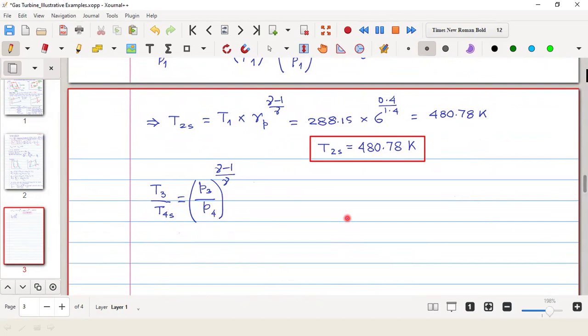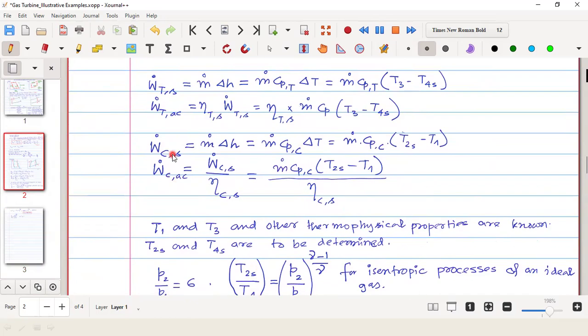And T3 is also known. So what is T4s? T4s is equal to T3 divided by Rp to the power gamma minus 1 by gamma, since P3 by P4 is the same as P2 by P1, as we have seen.